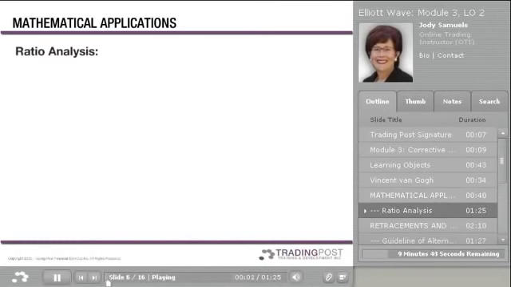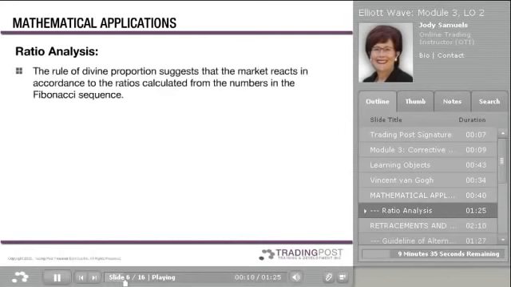In addition to waveform, Fibonacci ratios are the most important use of the sequence. The rule of divine proportion suggests that the market reacts in accordance to the ratios calculated from the numbers in the Fibonacci sequence. For example, proportional relationships exist between the different waves.